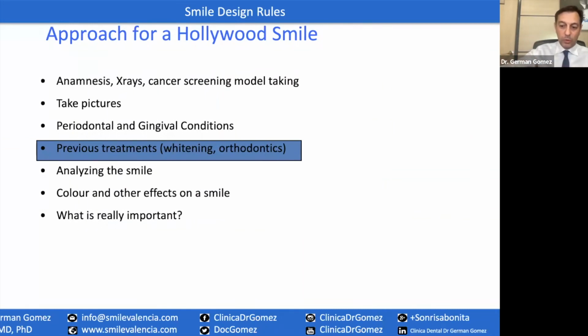So the previous treatment phases, before we really analyze the final smile that is healthy, and where we can start to do a smile design, have to go through all these steps. I'm pushing this a little bit because there's so much that I have to talk about in so little time, in 1 hour, so that you can get all the information that you need.